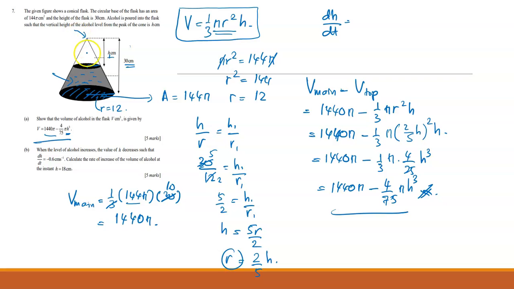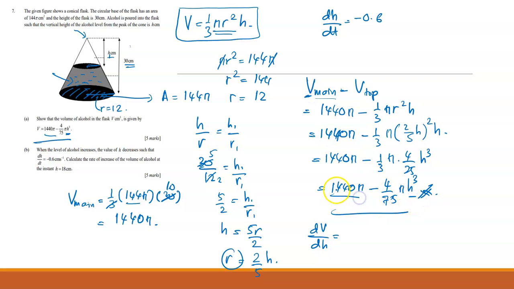When we pour more water inside, the water level increases and the height h here is decreased, at negative 0.6 centimeter per second. So this is V of the main minus V on the top, so we get all of it here. Then dV/dh, because the variables are the volume V and h.